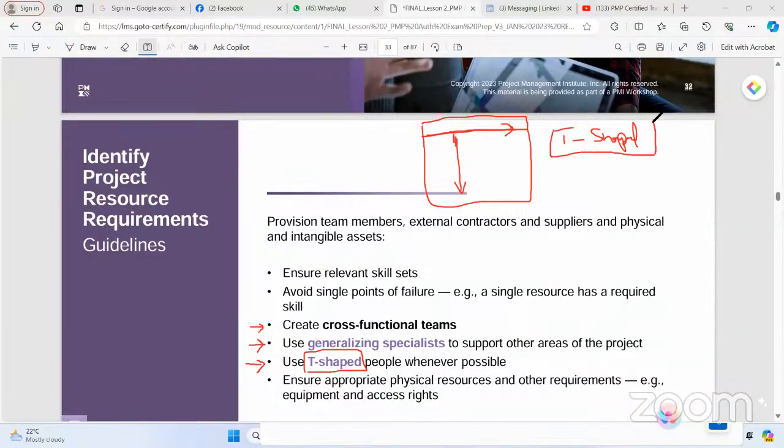They can provide the stopgap arrangement for business continuity, or to get the wheel rolling, right? Interesting, right? T-shaped skill set.